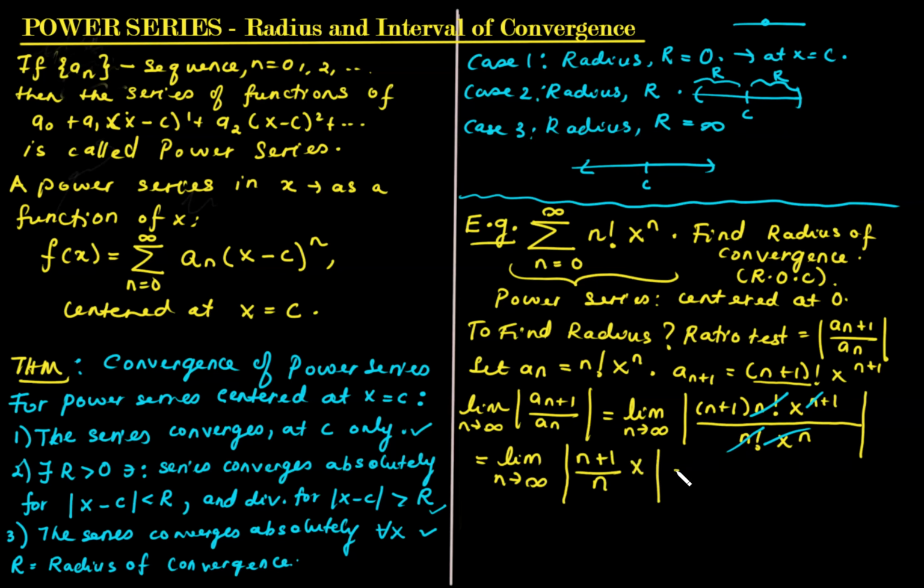We're just going to take a limit as n approaches infinity, which means x doesn't have any bearing on n. So we can pull x out, so that's the absolute value of x, and then you take the limit as n goes to infinity of n plus 1. I do not have an n at the bottom, right?